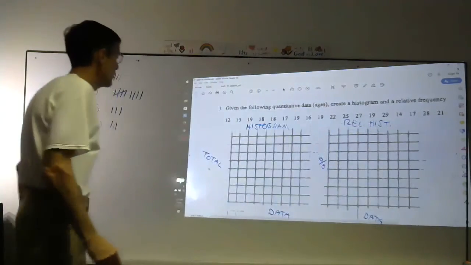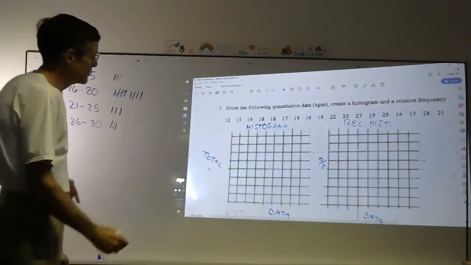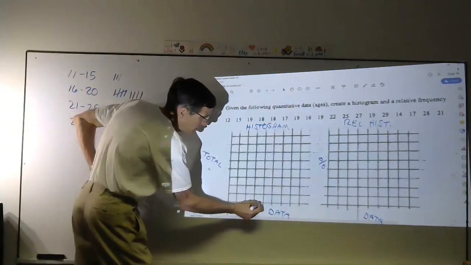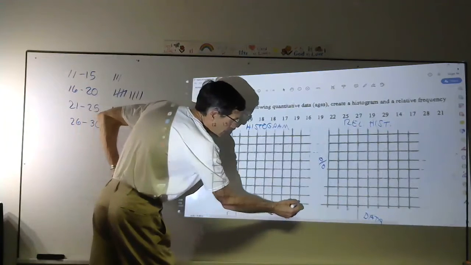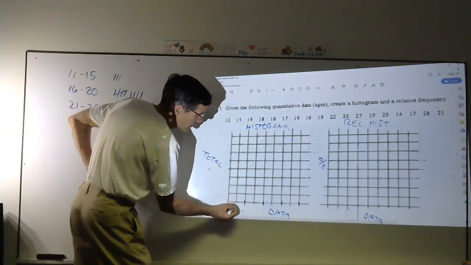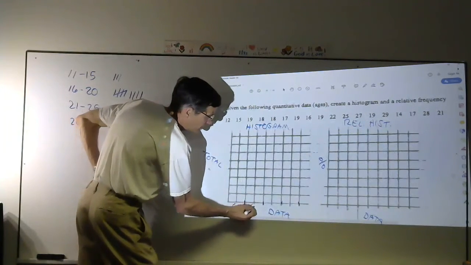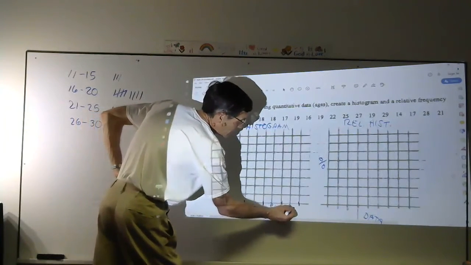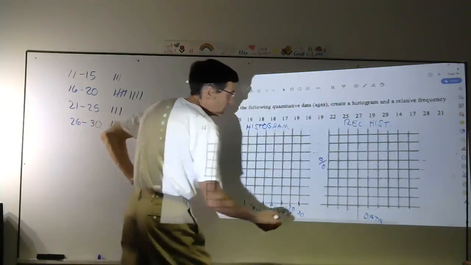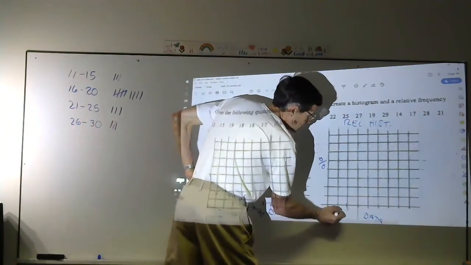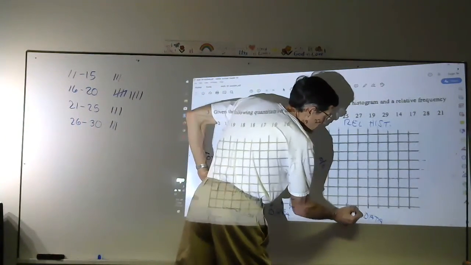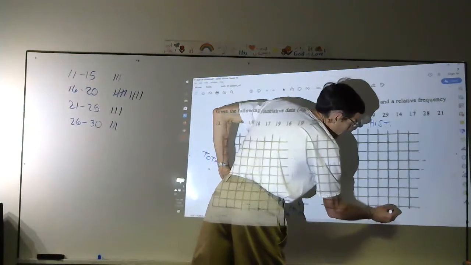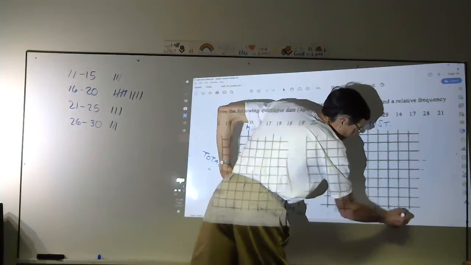For the regular histogram, because there are only 4, I'm going to do these in groups like this. Here is 11 to 15, 16 to 20, 21 to 25, and 26 to 30. Same thing over here.